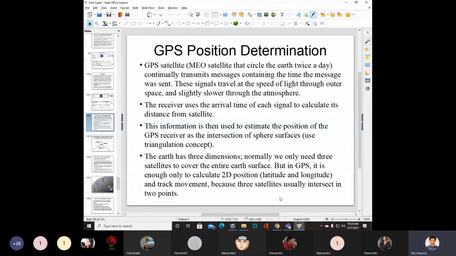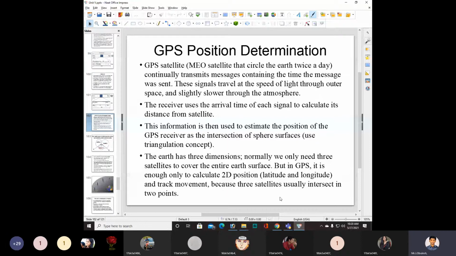That time is used to calculate its distance from the satellite. Using the arrival time only, you will be able to calculate each signal's distance from the satellite.